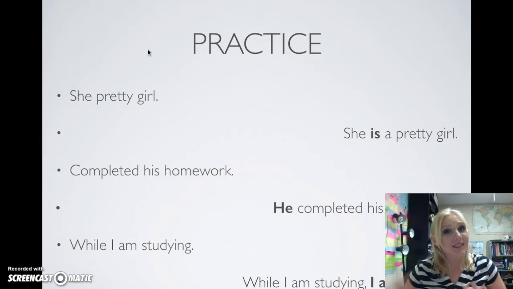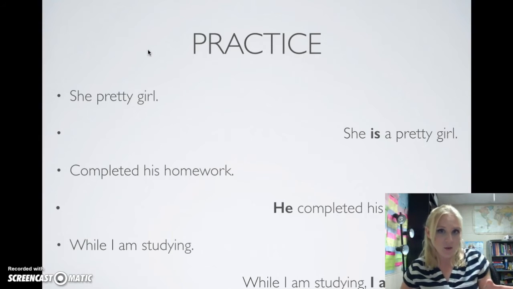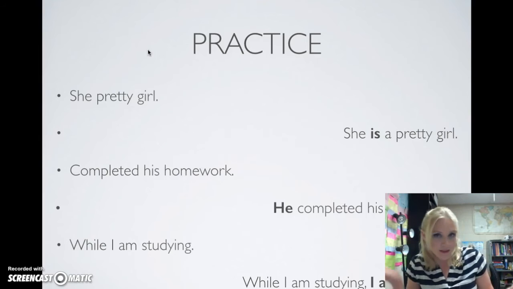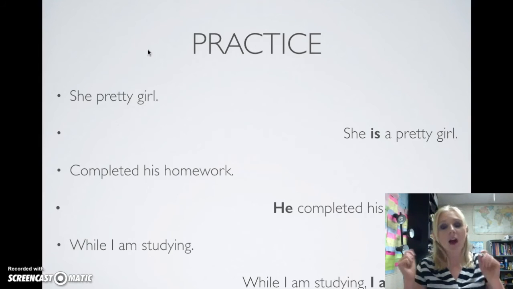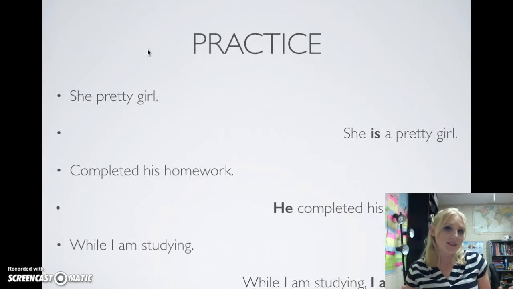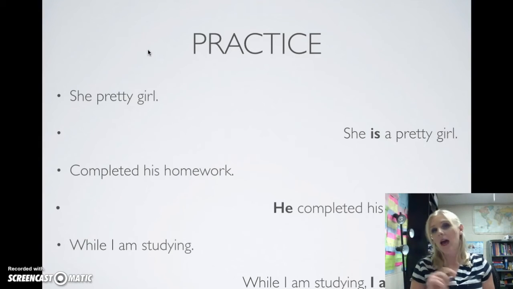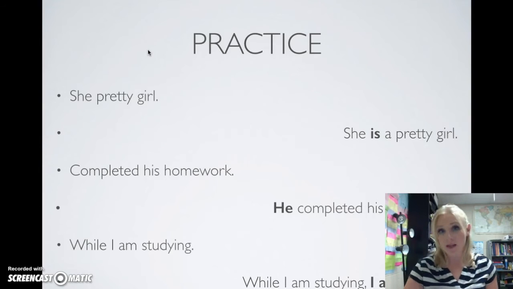So the best way to fix that is either add a complete thought that answers the question, what did you do while I was studying? Or you can simply delete that word. So the option I gave you over here is, while I am studying, I ate a snack. You could also say, I am studying. Both of those answers fix the problem of missing that complete thought. You just have 2 different ways that you can say it.